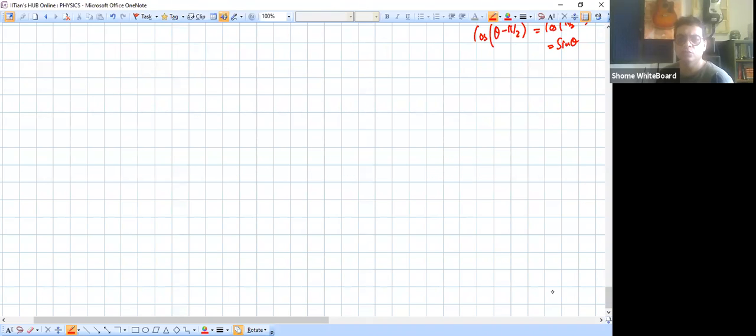Okay, now let us move on to some superposition based type of questions. Okay, now the next example is like this, that we have y1 is equal to, let us say, 10 sine of pi by 4 x minus 100 pi t.